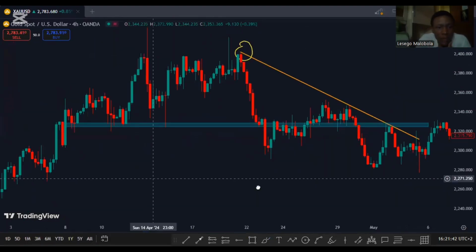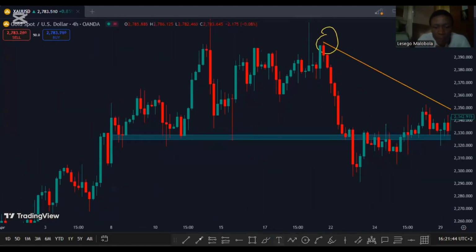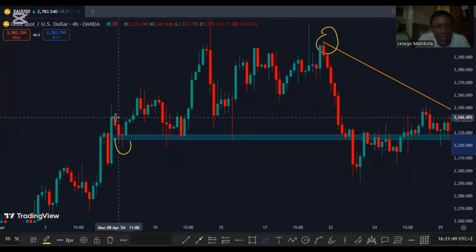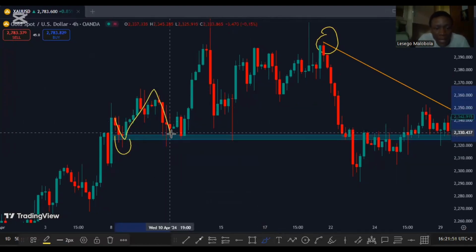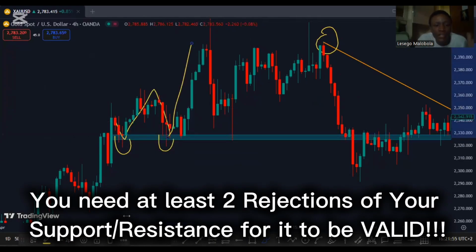If we go back left, we can see that the reason why this resistance level is valid is because we had a rejection here. Price came down, went all the way up, came down again, gave us another rejection and went up. So we have two rejections, and two rejections confirm your support or resistance.